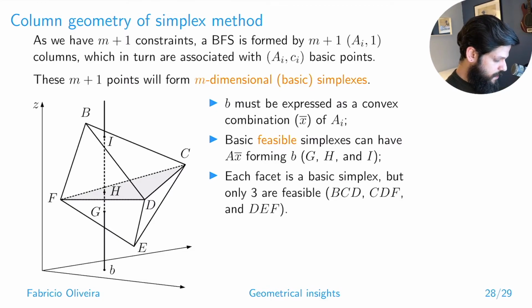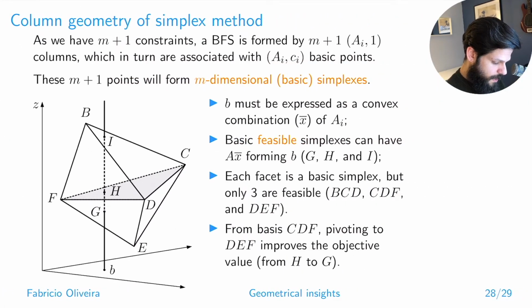So this is saying that all facets are basic simplexes, but only three of them are feasible. And the most important thing is that if you are, say, on this basis, CDF, this is the value of the objective function you get. So this is Z of CDF. And this is the Z of GEG.